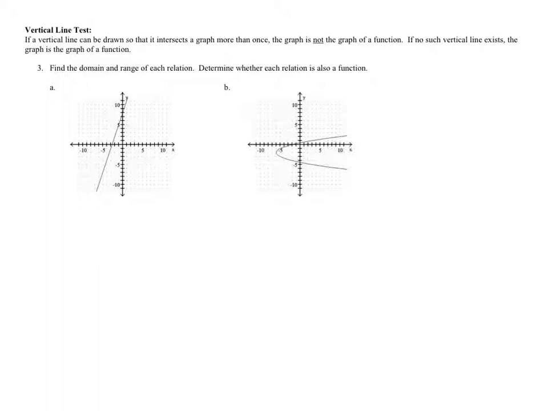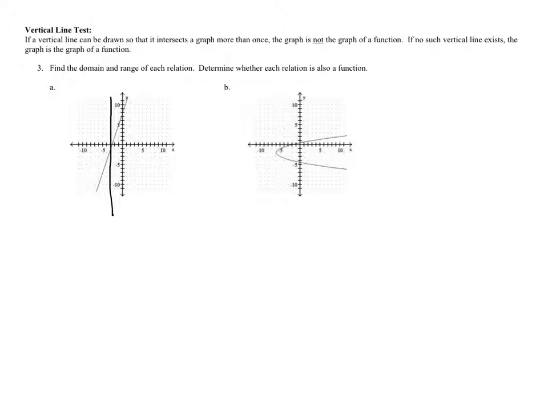All right, now it's beautiful if they give you a graph, you can immediately tell whether it's a function or not by using the vertical line test. If I draw a vertical line and I hit the graph at most once, it's a function.